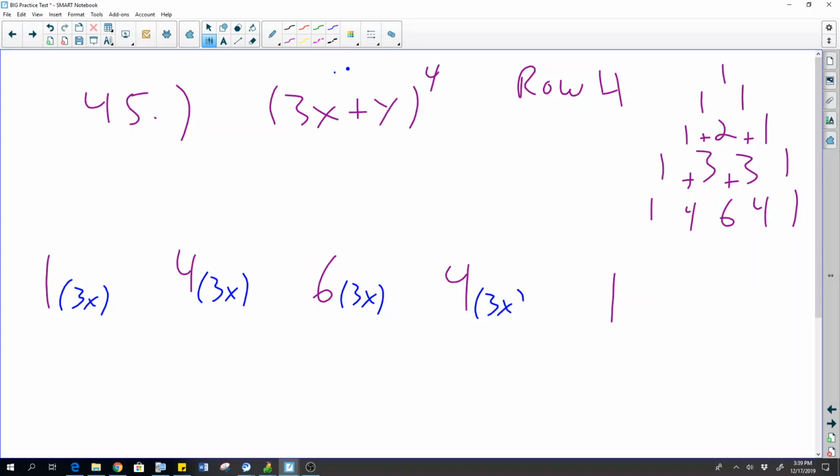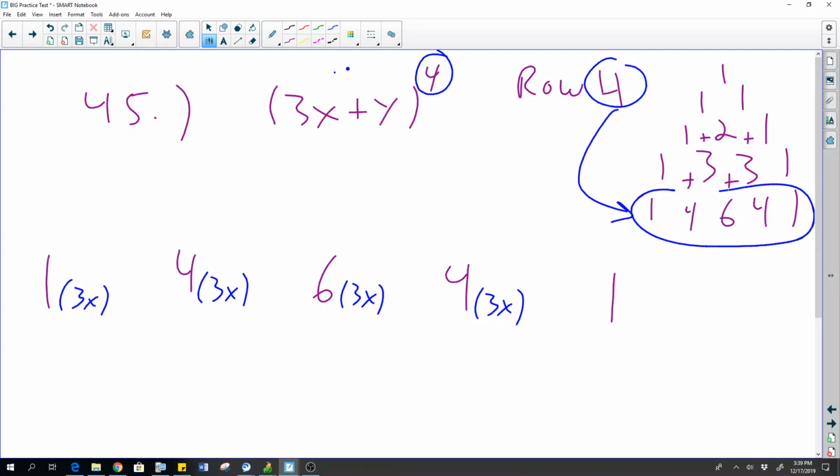And so we just use row 4, and row 4 uses the 5 numbers 1, 4, 6, 4, 1. Now we're taking the first term, 3x, and we're writing it next to each one of those numbers over and over again, all the way across. And then we're going to do the powers.